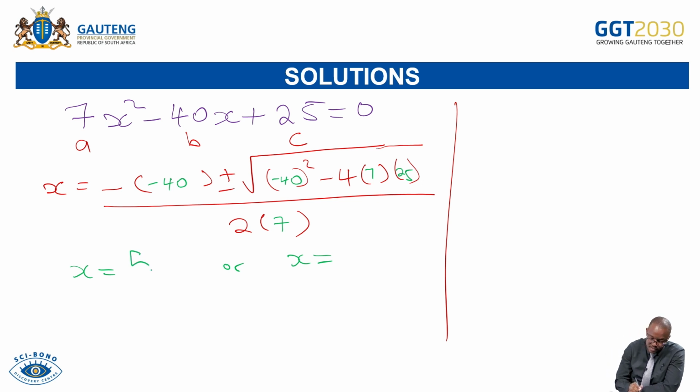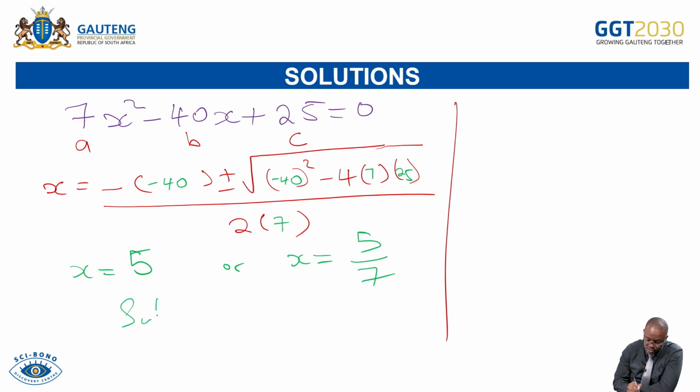So you get the first one is 5, and the other one is 5 over 7.